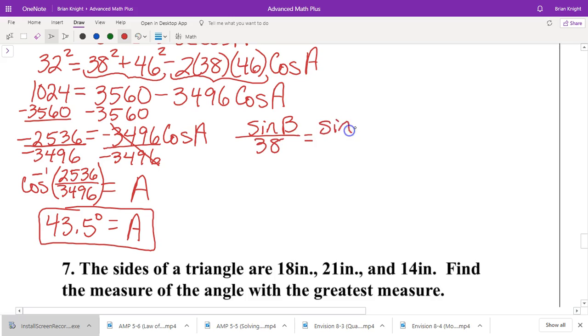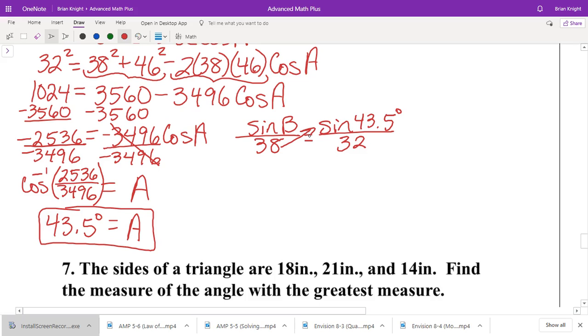Equals the sine of A, which we just found to be 43.5 degrees, over little a, or side A. Because I want whatever variable I'm looking for to be in the numerator. It just makes life easier. Because now all I have to move is what? One thing. The 38. It's going to come there. Correct. If I'm looking for angle B, I want it on top. So remember, I can flip them as long as I flip everything. And that's what I've done.